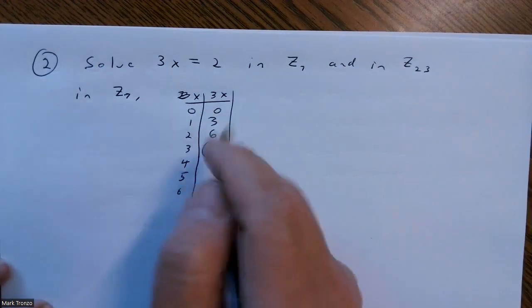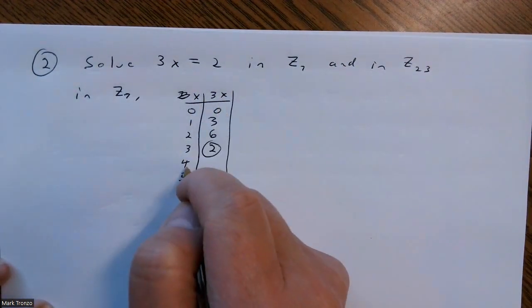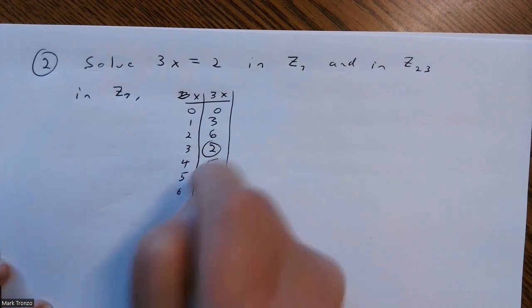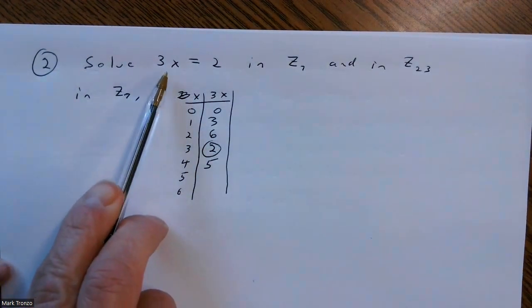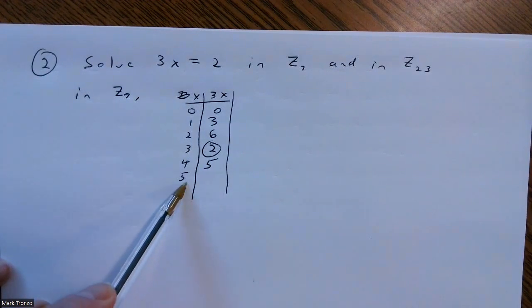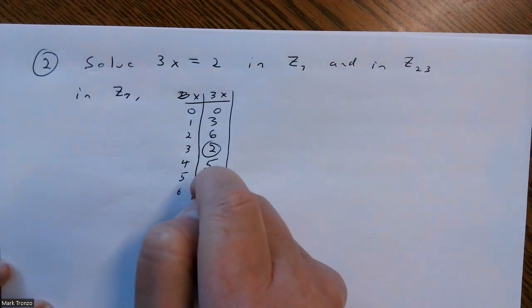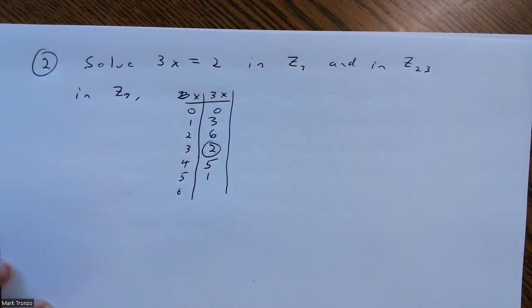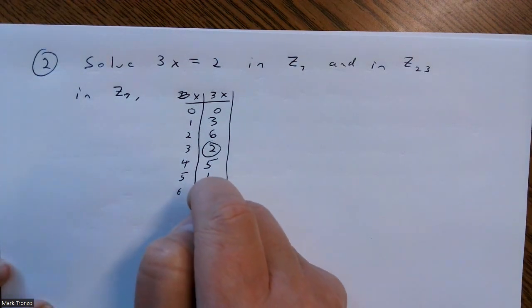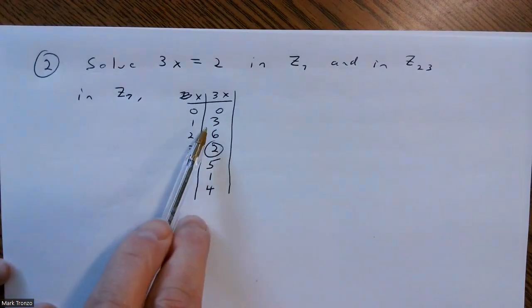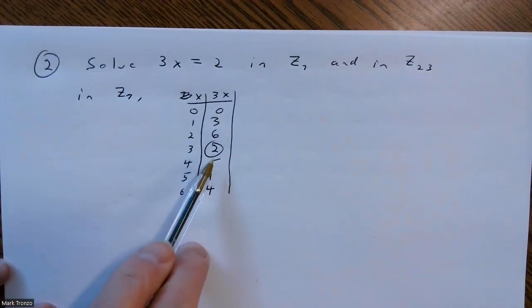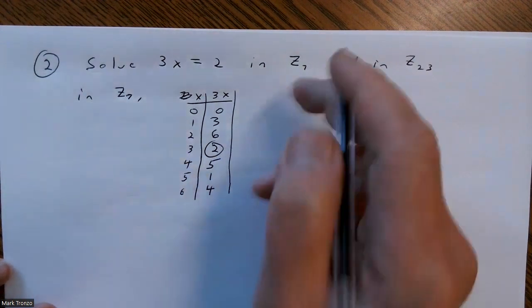That'll be one answer. 3 times 4 is 12, which is going to be 5 mod 7. 3 times 5 is going to be 15, which is 1 mod 7. And 3 times 6 is 18, so that's going to be 4 mod 7. So the only value that will give us 2 will be 3.